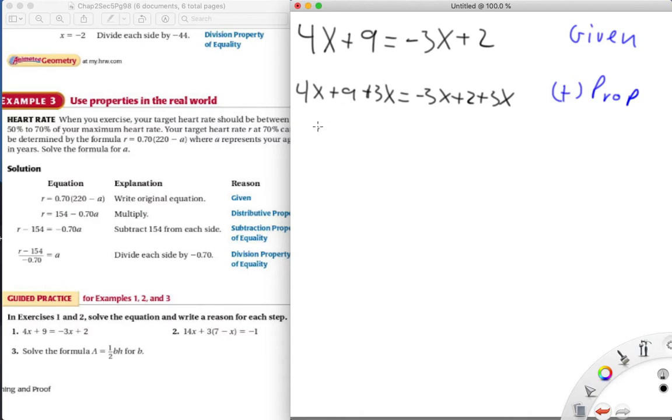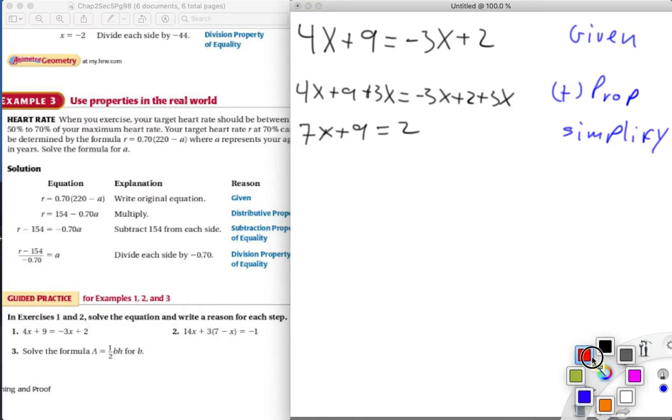Then we have 7x plus 9 equals 2. That's because of simplifying. And then we have 7x equals negative 7.